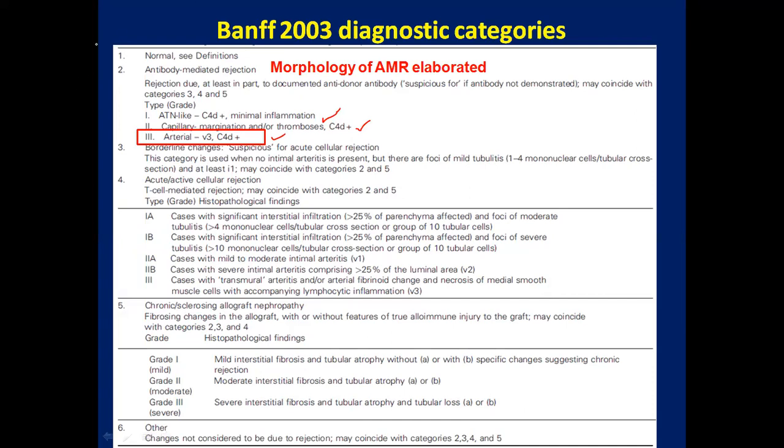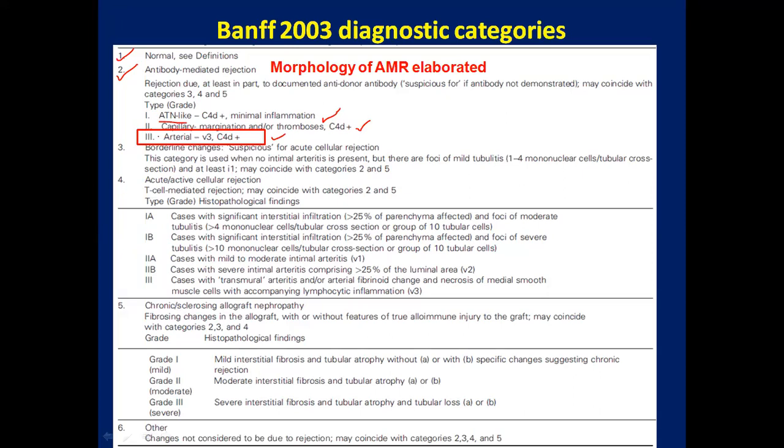If you look at the categories, previously also there were 6 categories. The normal category is still persisting in 2003. There is antibody-mediated rejection, and instead of accelerated and delayed kind of rejection, that criteria was removed, and they said the grading will be 1, 2, and 3 based on whether there is an ATN-like picture, a capillary margination, or a V3 type of lesion.